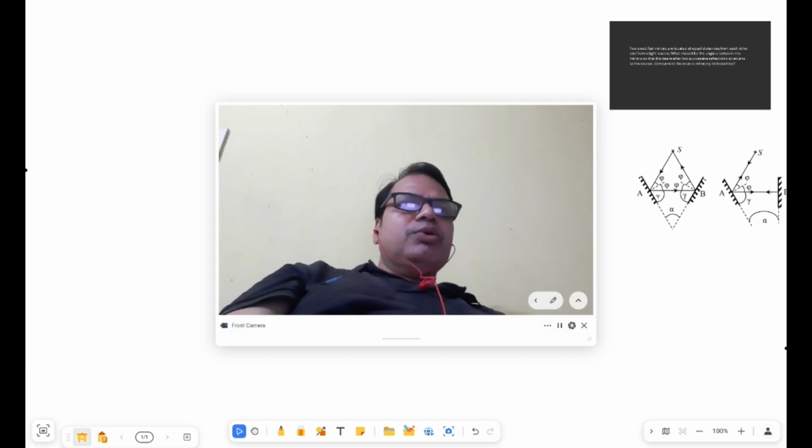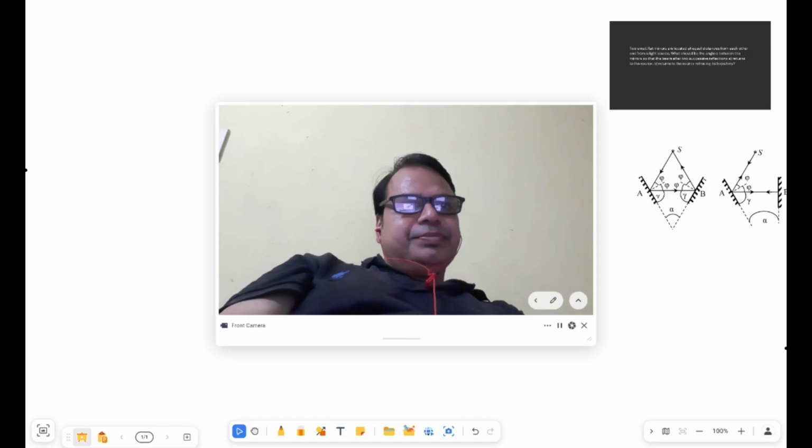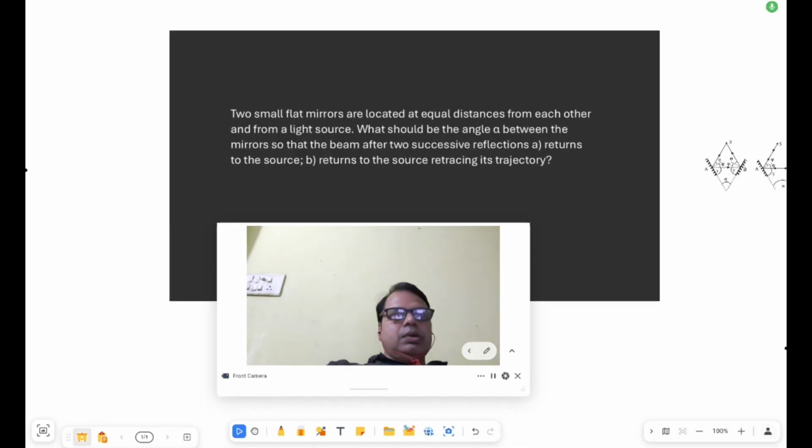So I'm going to solve a few problems right here, and here is the second problem in this series. As you can see on the screen, there is the statement of the problem, and it says two small flat mirrors, that means plane mirrors, are located at equal distances from each other, right?